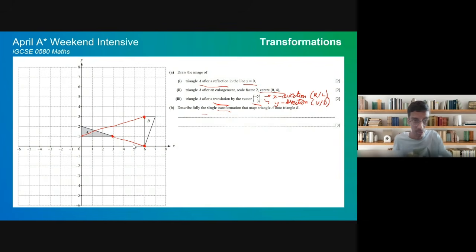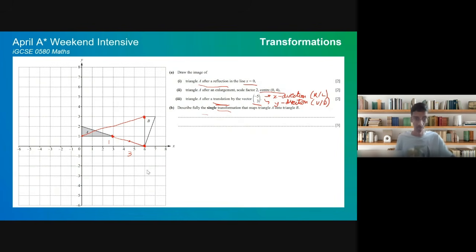So you can kind of eyeball this, but you could do it more formally, because I know this is 1 unit down and 3 units to the right. So if I had to make a perpendicular line, firstly, you have to identify the midpoint, the perpendicular bisector.